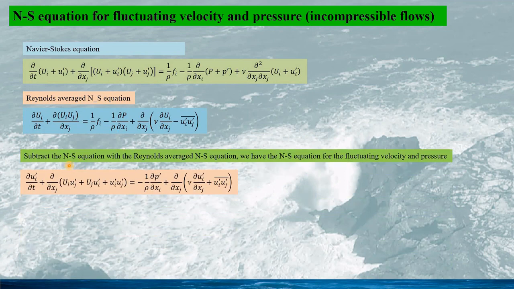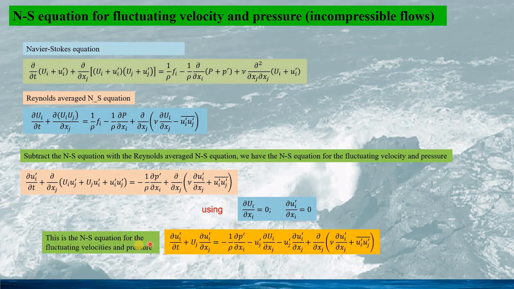So if we subtract the Reynolds averaged Navier-Stokes equation from the Navier-Stokes equation, we can obtain the Navier-Stokes equation for the fluctuating velocities and pressures as this. If we use the continuity equation for the incompressible flow, this, we can write this Navier-Stokes equation for the fluctuating velocity and pressure into this expression.